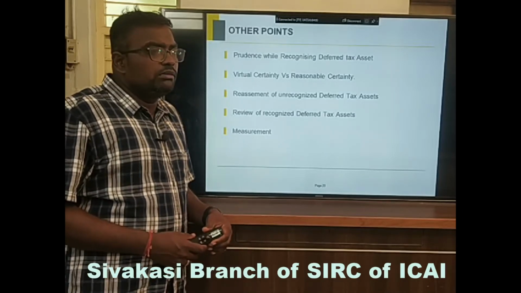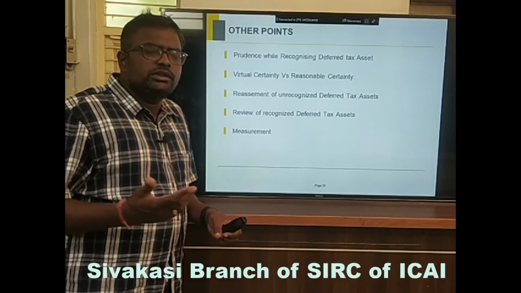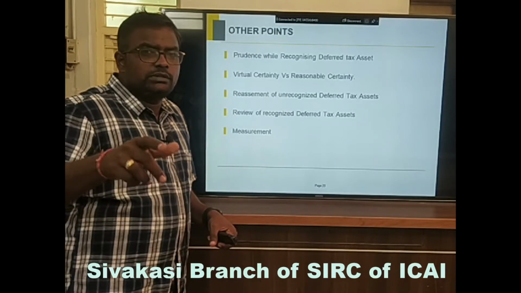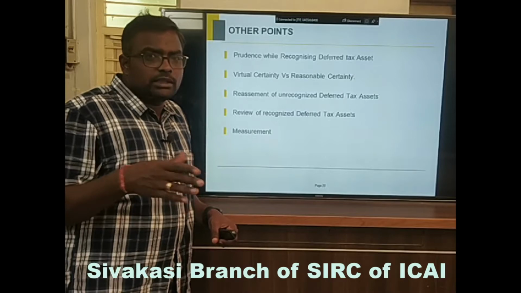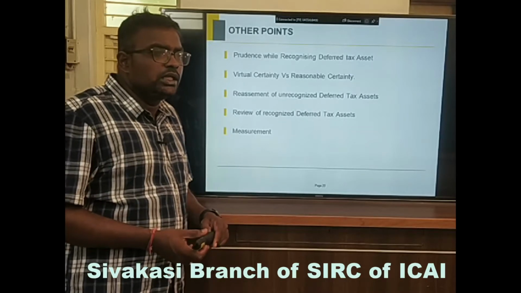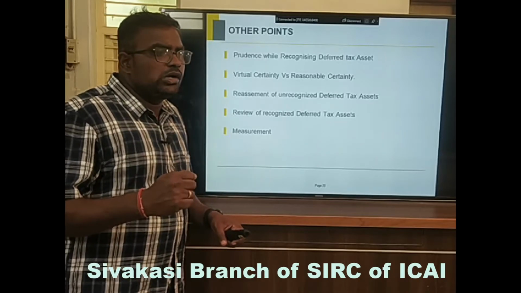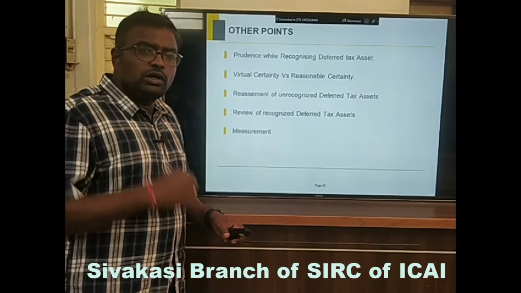Suppose, for example, the company pays minimum alternative tax, which is at a lower rate. Normally the income tax rate will be 30 plus surcharge plus cess, etc. Whereas if you go for MAT, minimum alternate tax, I think most of you know what it is, the income tax authority is asking us to pay a minimum amount of tax though you are in loss.